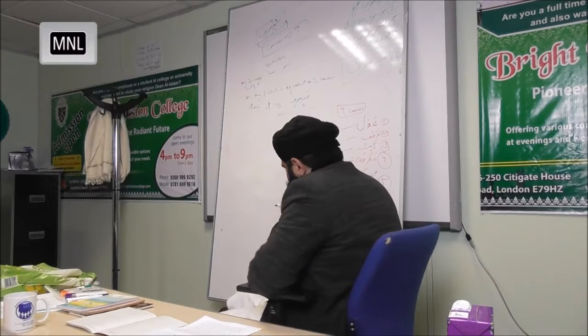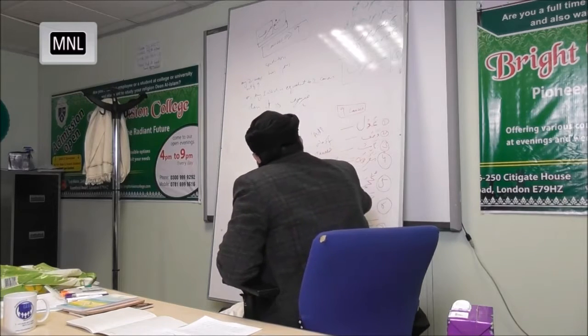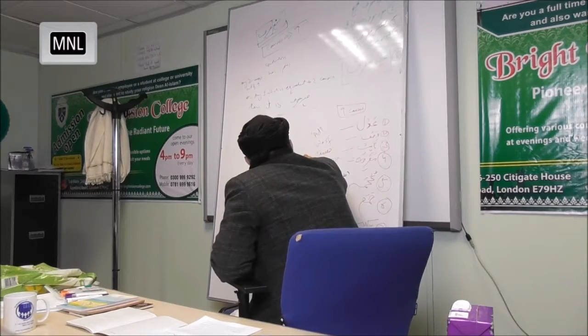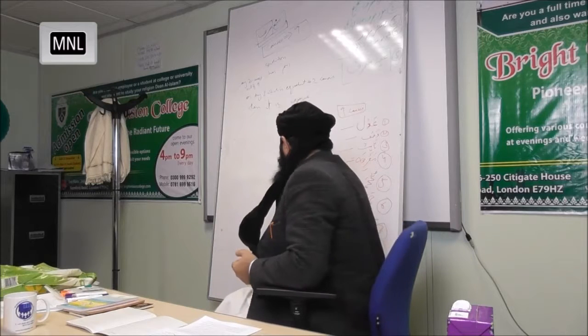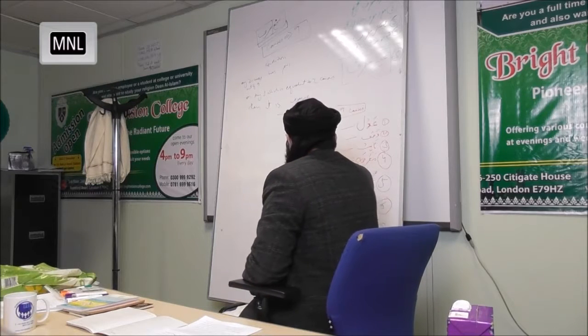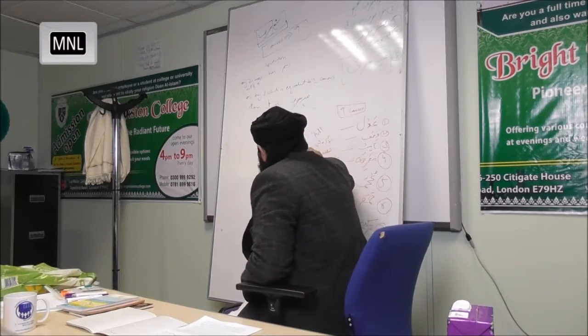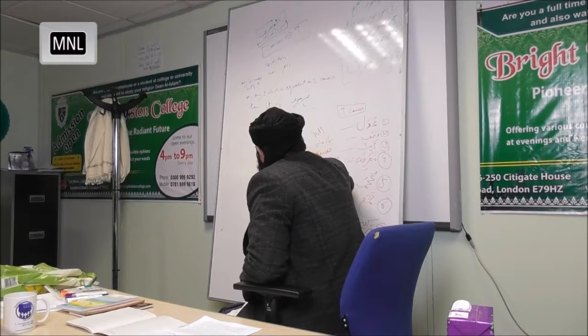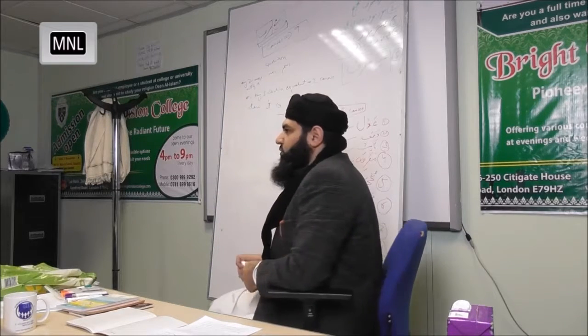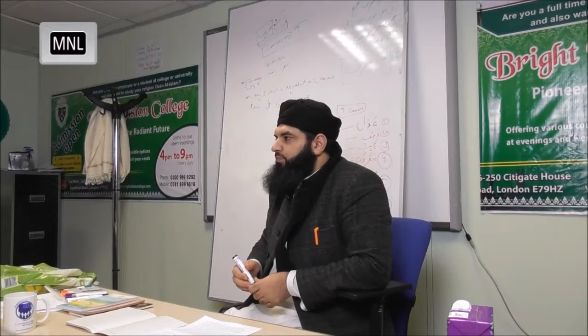For example, Zainabu. Ibrahimu is also Marifa, but because we have given this as an example of Ujma, we are not repeating it. We are using a fresh example.